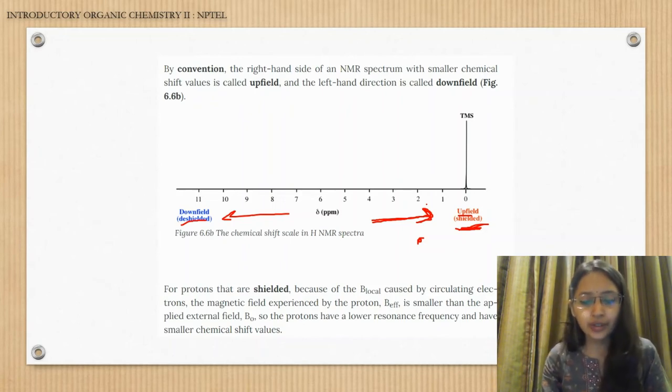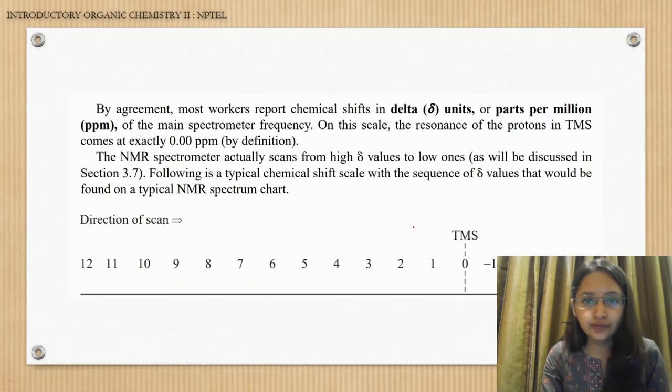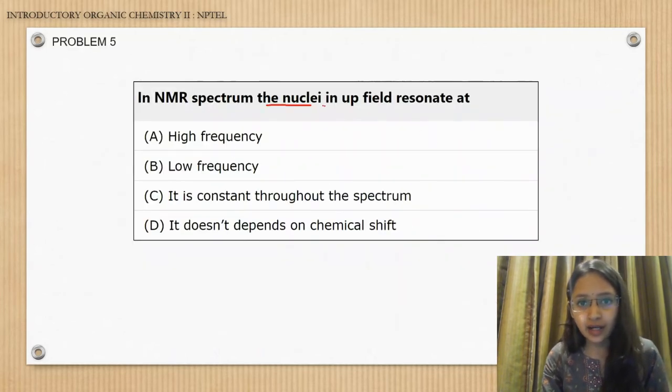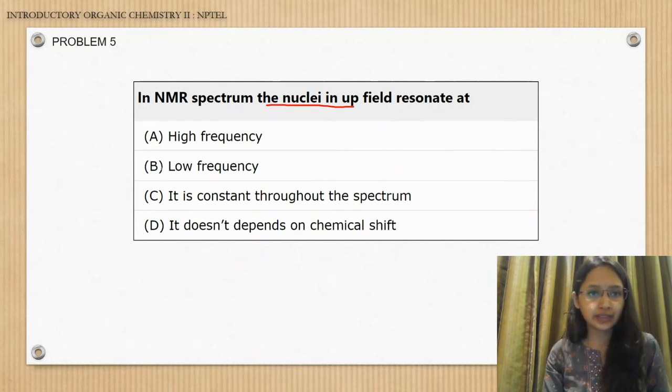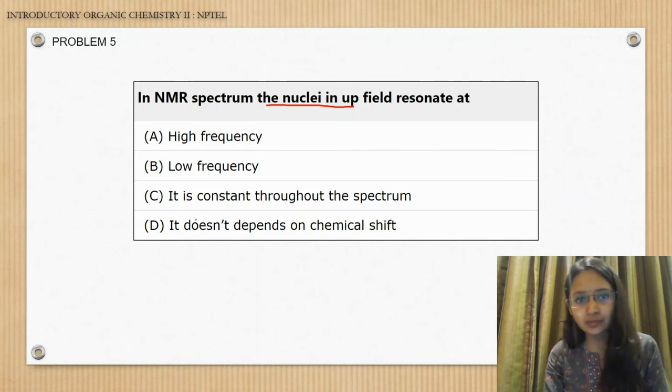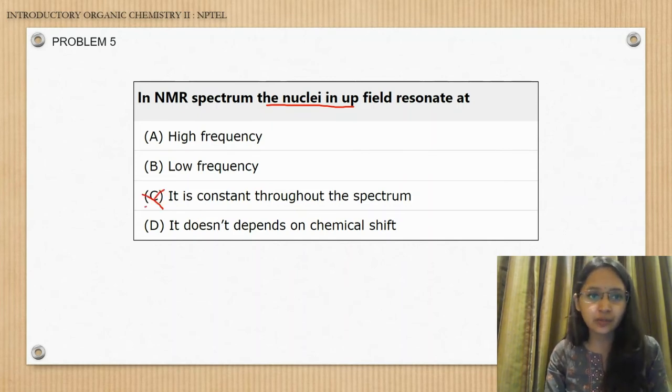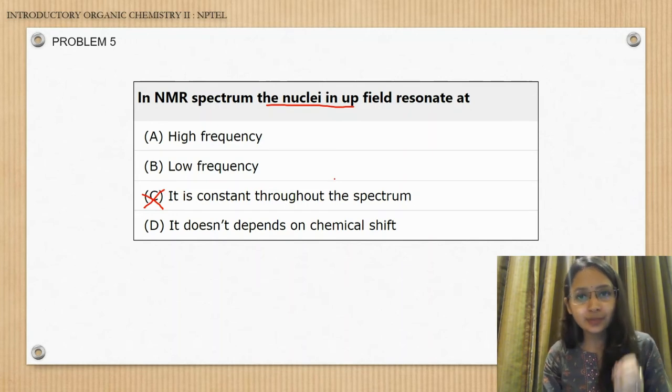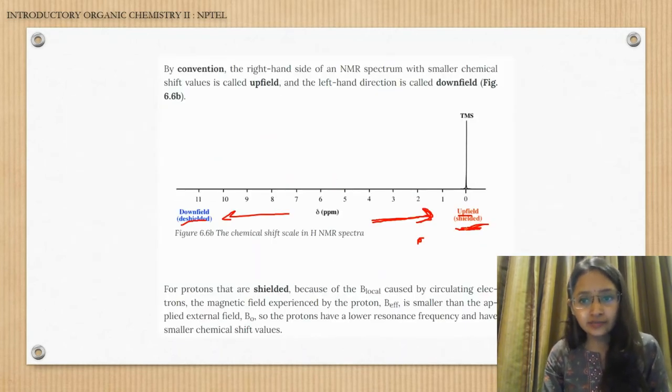Now, if a nuclei is resonating upfield, what is the particular thing it will be feeling? High frequency, low frequency, or is it constant throughout the spectrum? It is not constant throughout the spectrum, because if a nuclei is experiencing an upfield resonance, that means it is feeling a shielded region, and then the nuclei will have a lower chemical shift value.